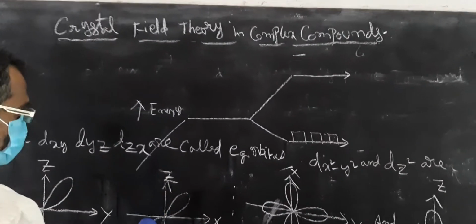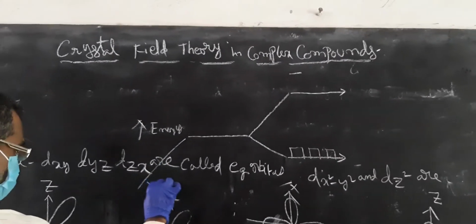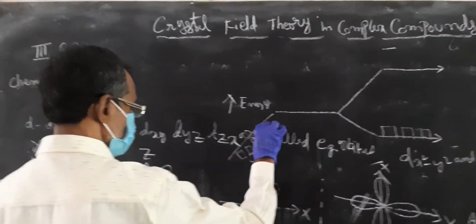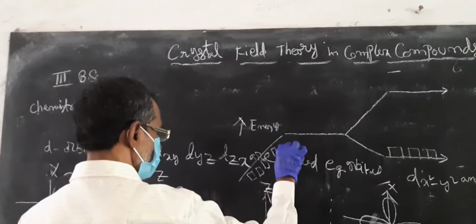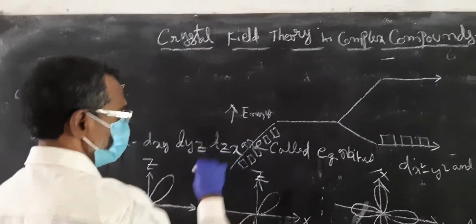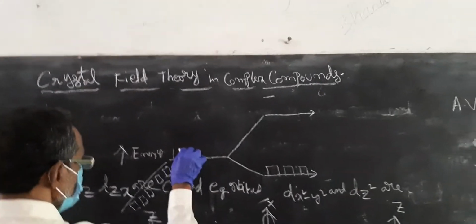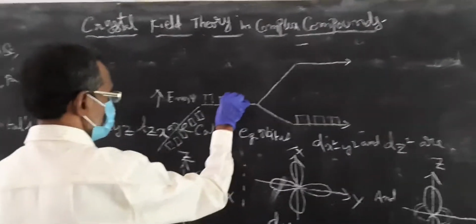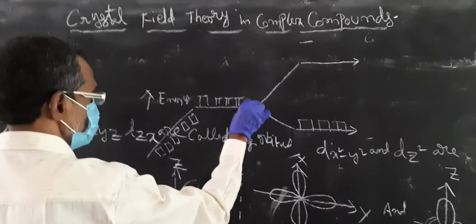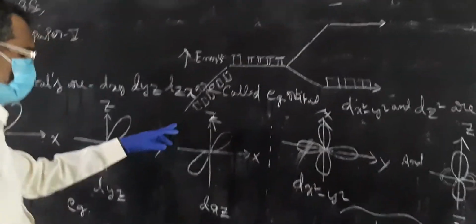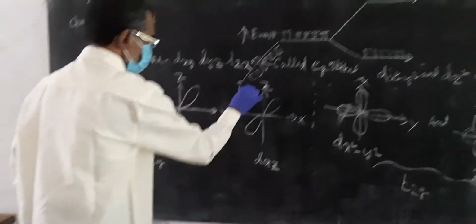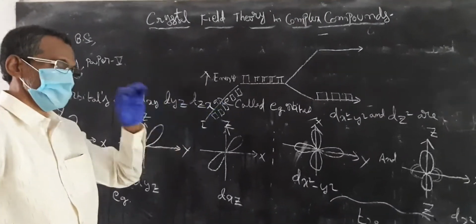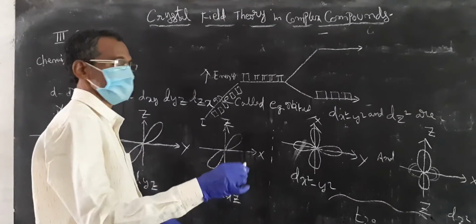Energy. So the first stage is the ground stage, where the five d orbitals are equal in energy, called degenerate orbitals.